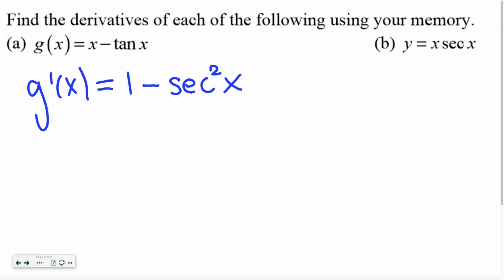Product. Okay. Product rule, because it is x times secant of x. We have a product. The only way to take a derivative is using the product rule. So the derivative of our first function times just our second function, plus our first function times the derivative of our second function.